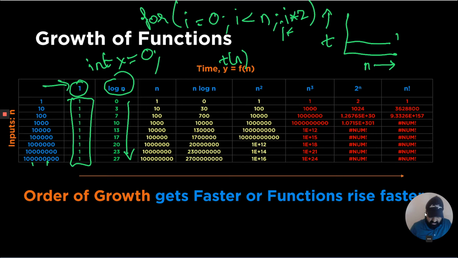But if it is a linear function, which is n, this grows linearly. And if you have n log n, you basically multiply these two, and then you have n square, where you basically square these values. I plotted all this table in a normal Excel file.